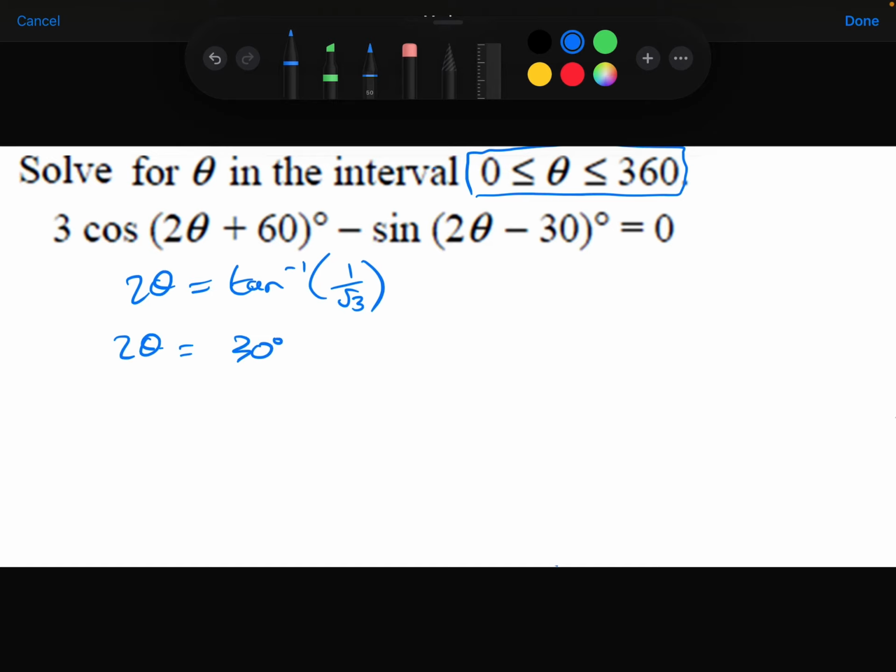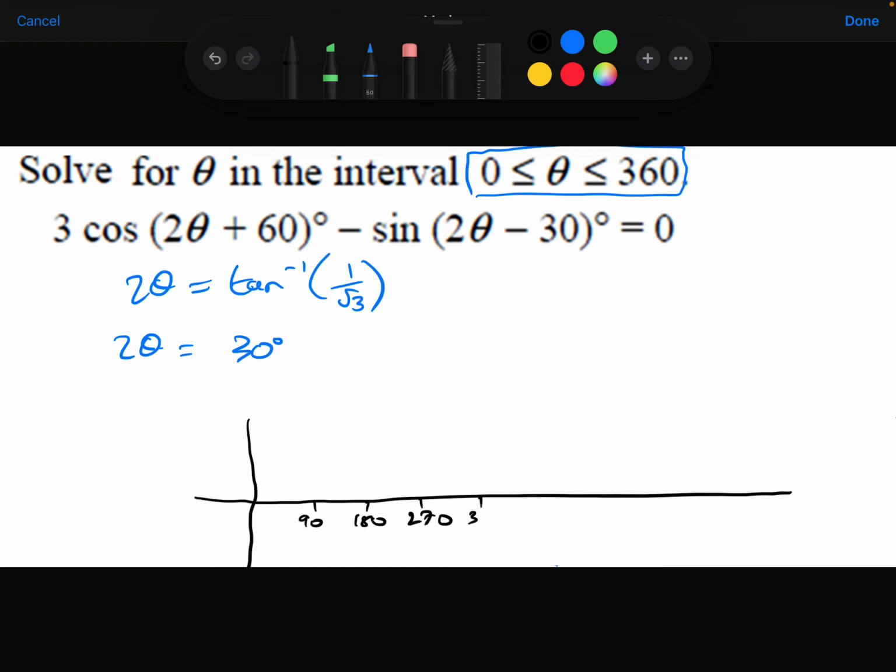But I'm actually going to draw the graph between 0 and 720. The reason why I'm going up to 720, the reason why I'm doubling my graph, is quite simply because I know that at the very end of this problem, I'm going to divide all my answers by 2 because of that 2 theta there.